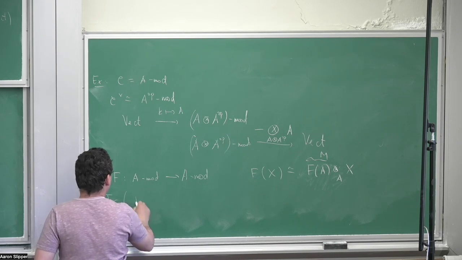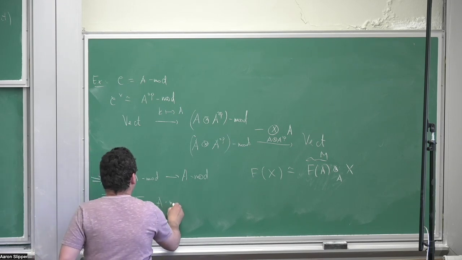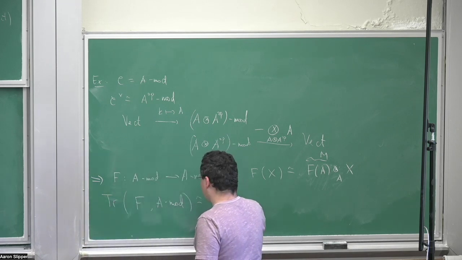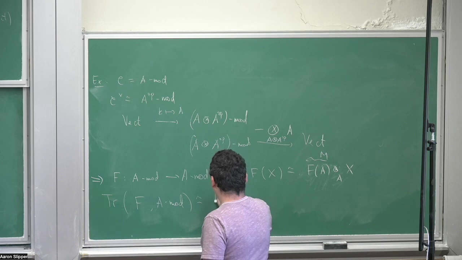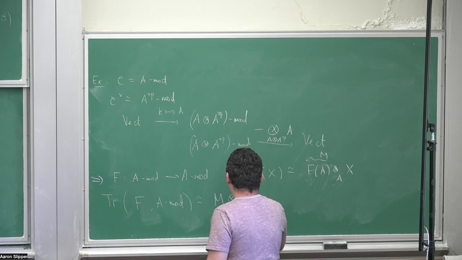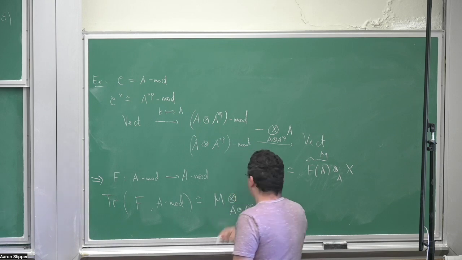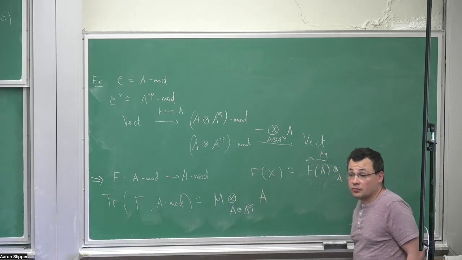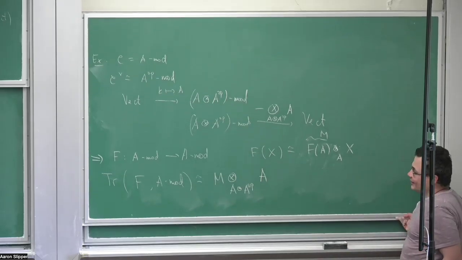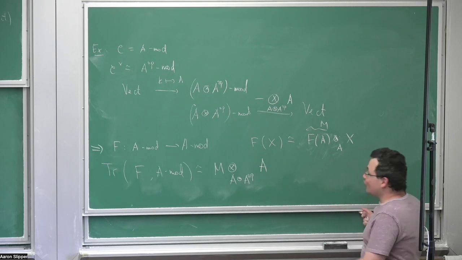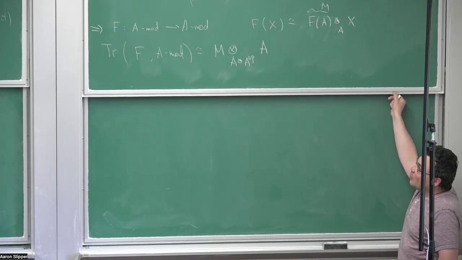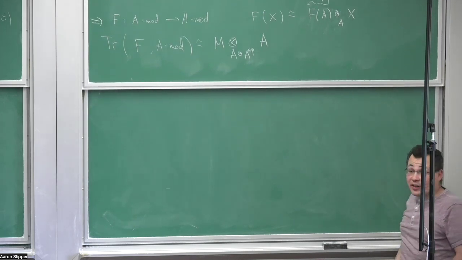Trace of F acting on A-mod. What we get is M tensored over A with A. This is the formula, or a formula, for Hochschild homology with coefficients in a bimodule.